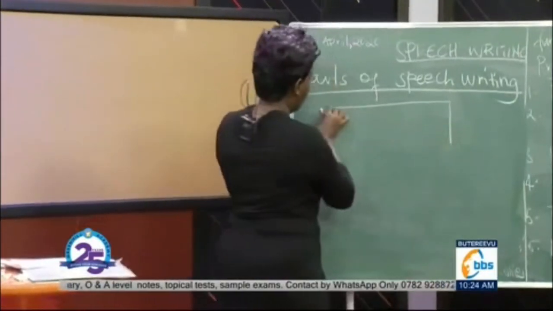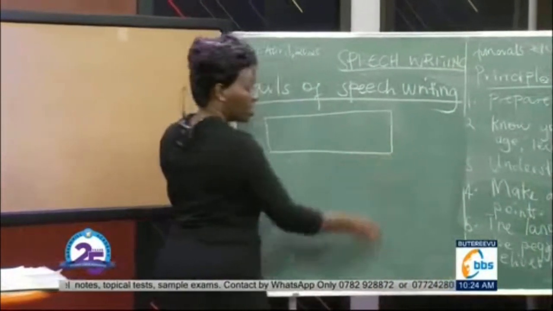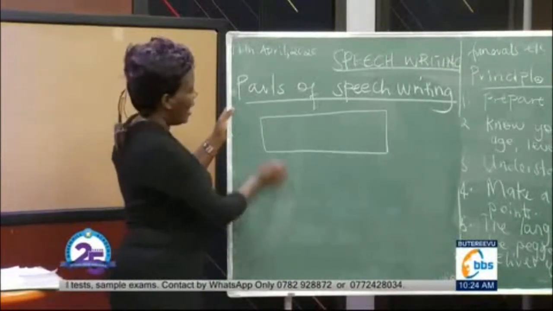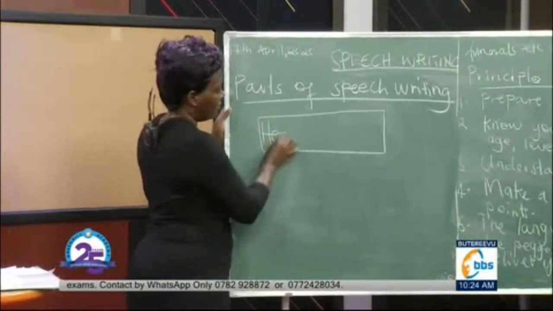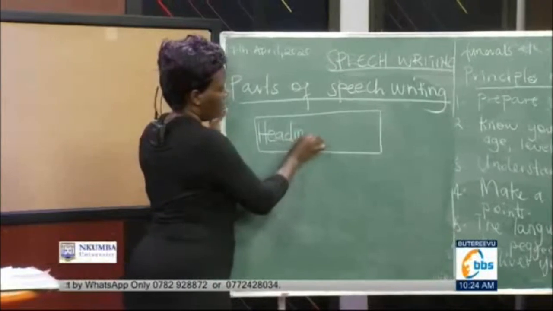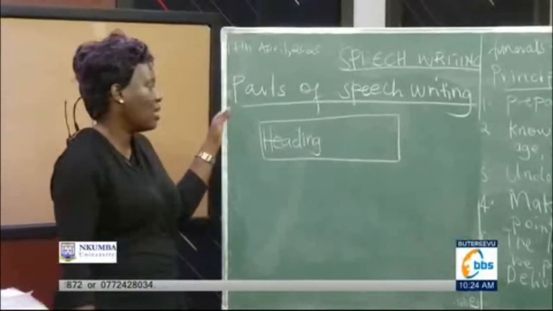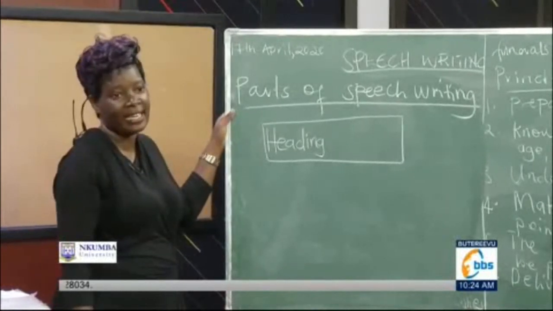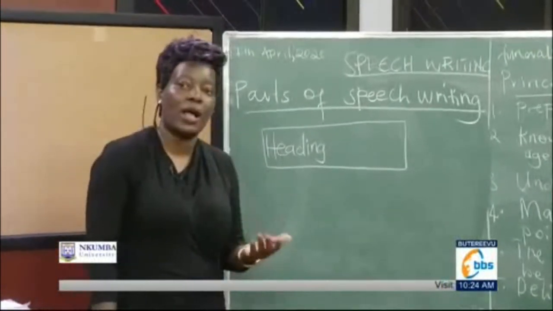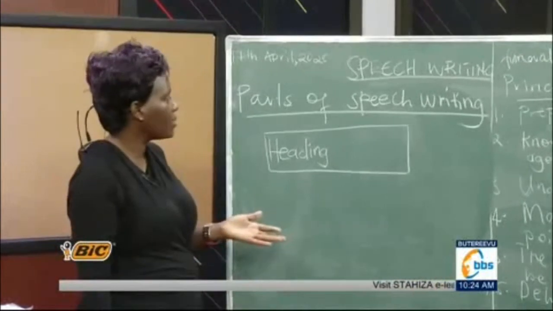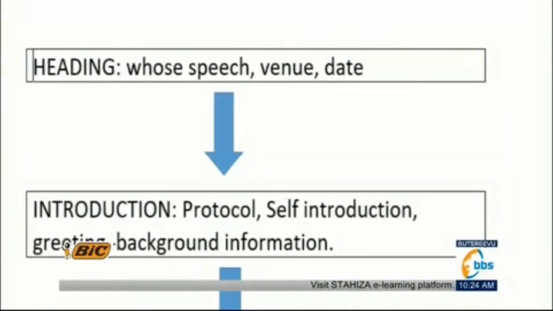I had drawn something like this. I wish it can be shown through the screen. I came up with a heading here. Just to make it simple for us, what is involved in the heading? The heading is equally important in our speech writing.